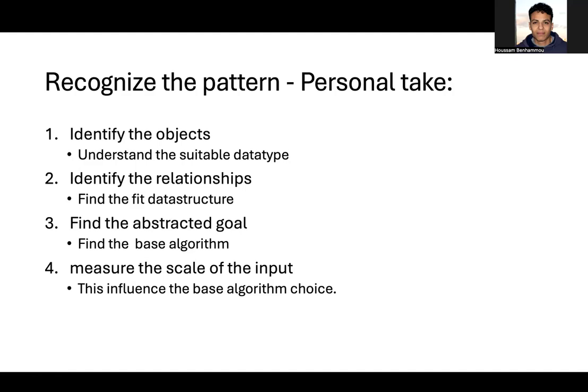Is it about finding the first element or the last element or the minimum element? Then you have to make sure that your data structure is going to be ordered, so you're going to order that data structure before searching through it. And is it about finding the minimum cost or the maximum cost? So these questions are what helps you to find the base algorithm of your problem.